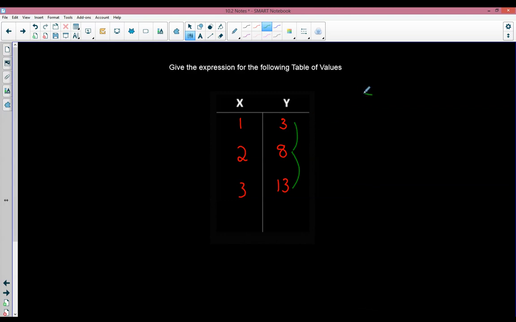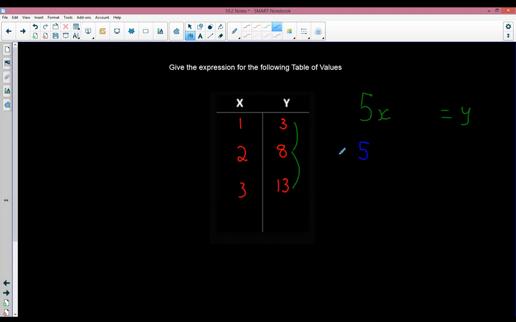In this case, our skip count is going up by 5s. So we know our expression is going to be 5x something equals our y value. So we need to try to make it work for at least the first example. So let's try that out.